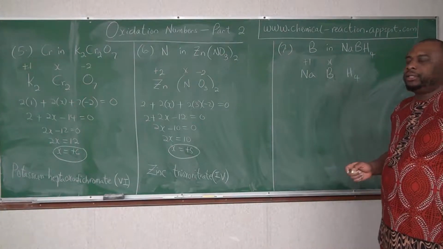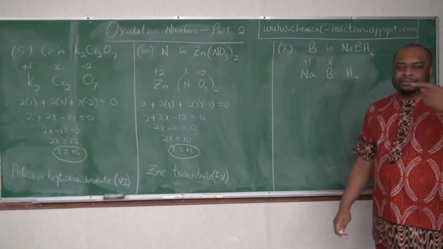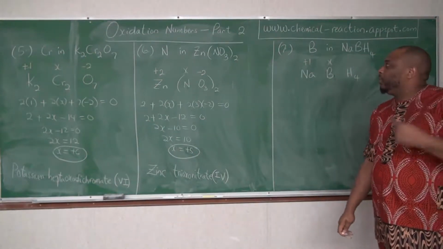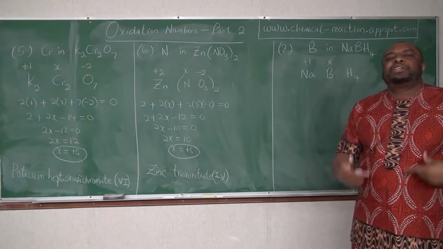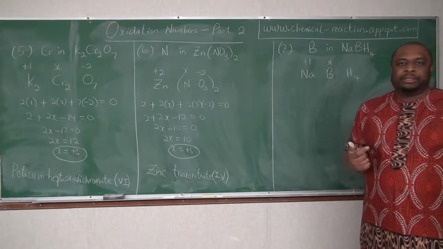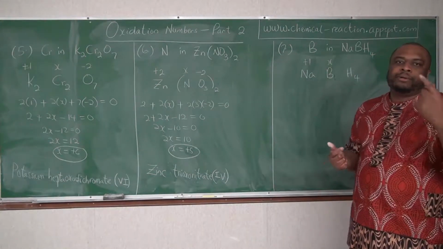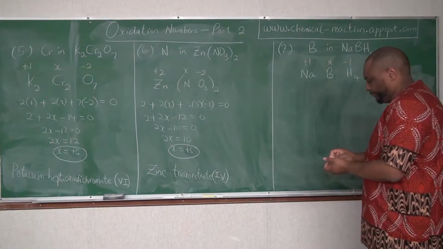Then hydrogen, now this is a metal hydride. And from what we talked about in part 1, the oxidation number of hydrogen is +1, except for metal hydrides, where it is -1.